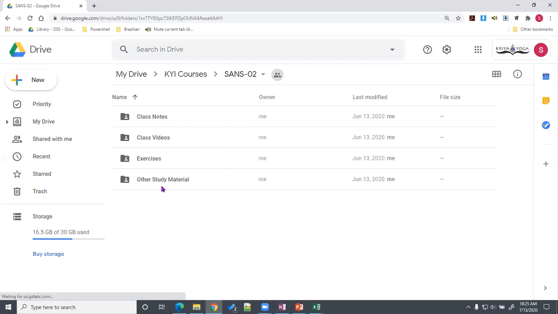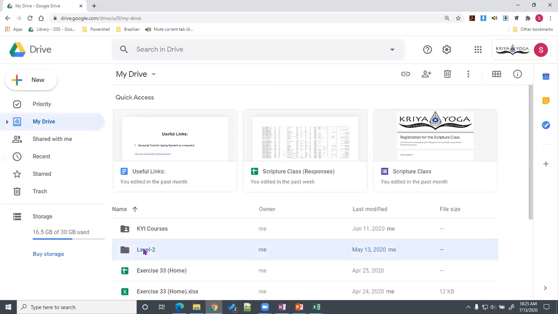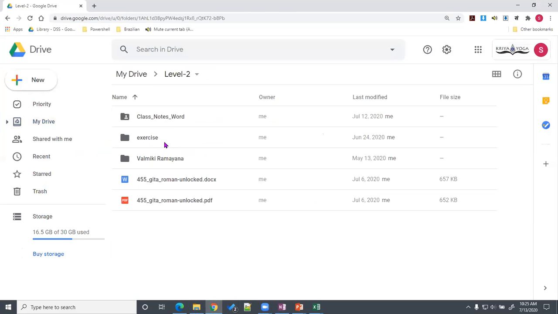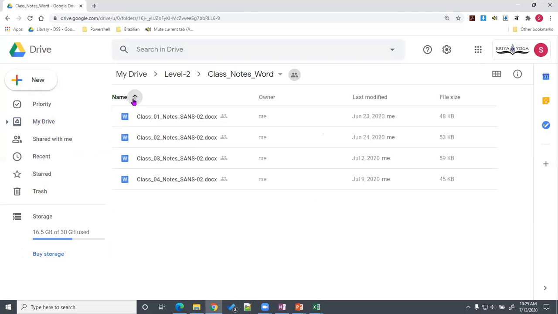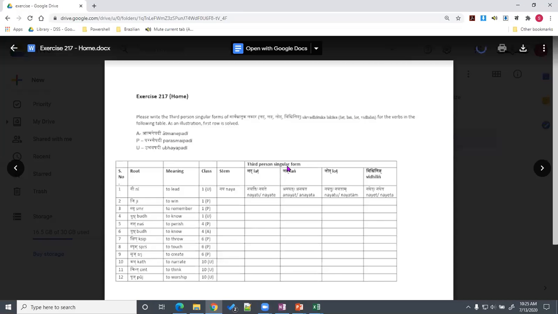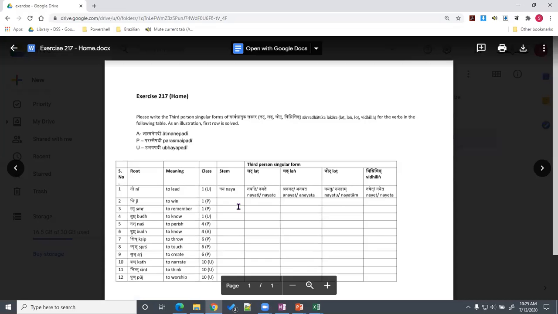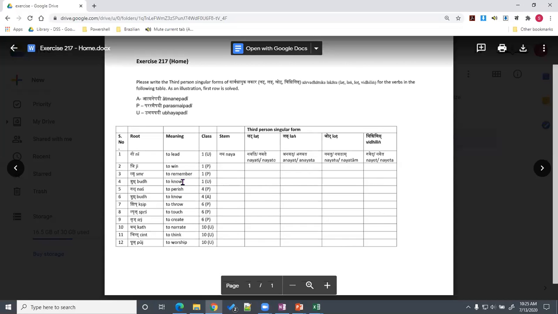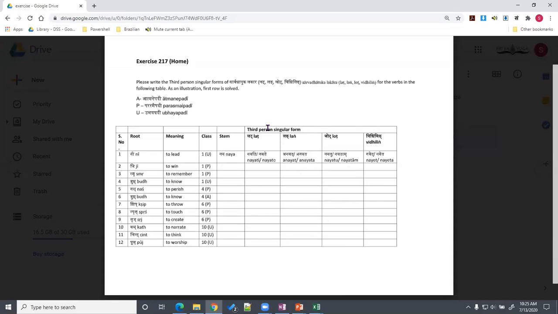I'll show you the homework. We will upload the homework. One homework is this: we are asking you to write the stem, that is the third person singular form, in all the four lakaras.